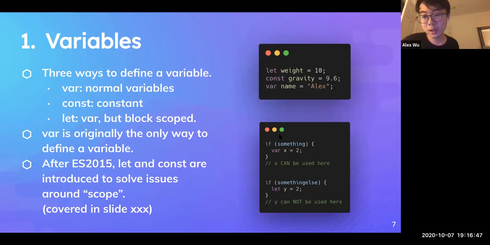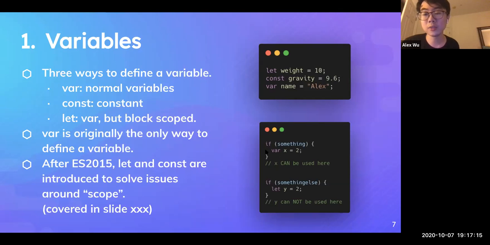And actually, we can have a look at what block scope is in the bottom right snippet. As you can see, in this if clause, we define the variable x, and we say that x equals 2. And x can be used outside the if statement, the if block. So essentially, var ignores any block scope.